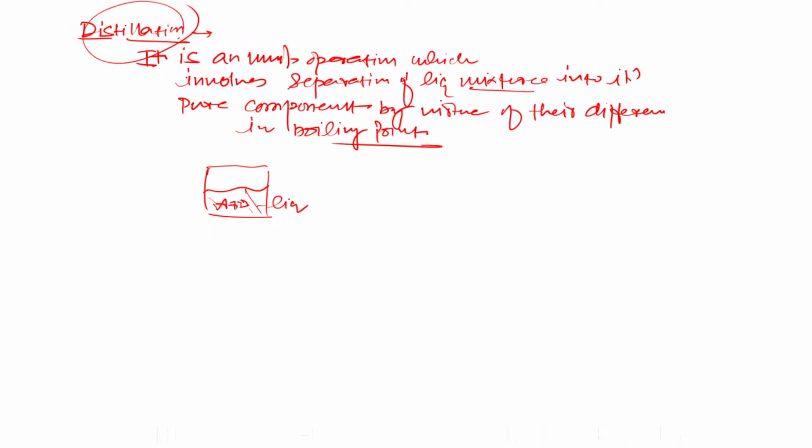But the condition for separating the liquid mixture into its pure components via distillation is that there must be a difference in their boiling points, because the mechanism of separation in distillation is the difference in boiling point. On the basis of the difference in their boiling points only, the components will separate into pure components.